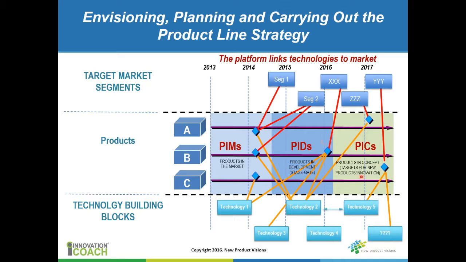And then you've got all these products in concept, or PICs in this case, that are targets for new innovation. Typically you've got a lot more of these than you can ever hope to work on. So the real question is, which ones are going to be most important and most compelling, and how do you make sure you're working on the right projects to continue to grow your business given the limited resources that you've got.